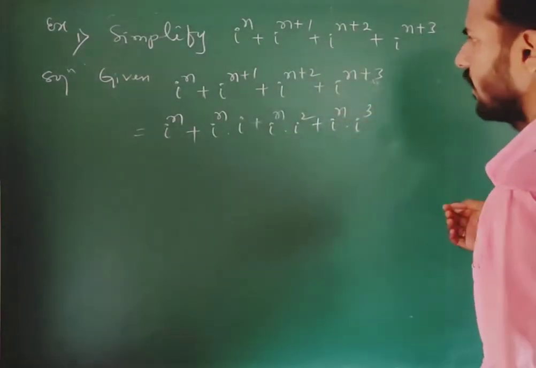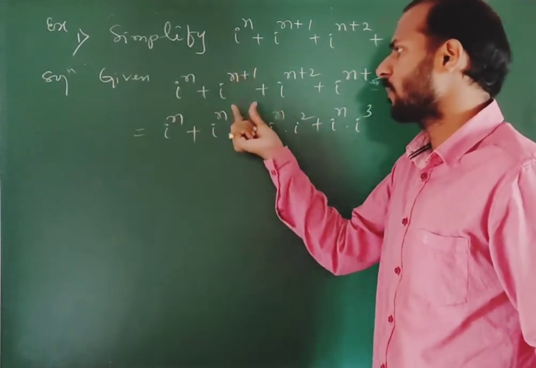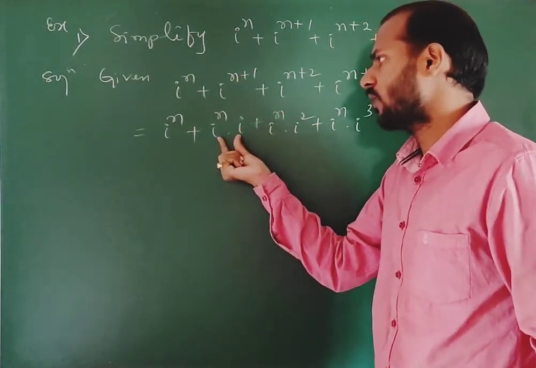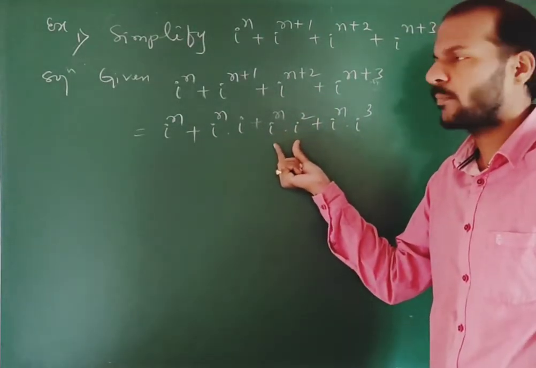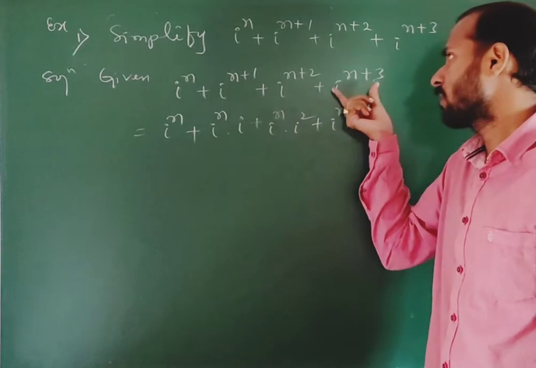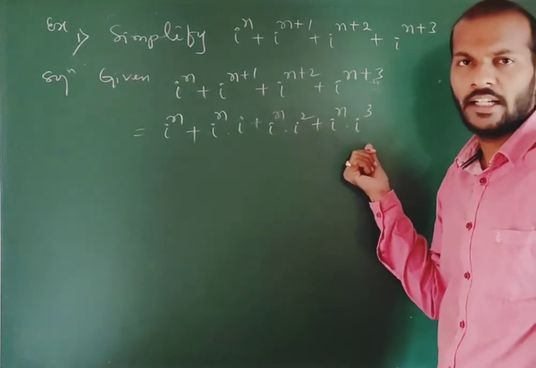Can we write like this? i to the power of n as it is, i to the power of n plus 1 can be written as i to the power of n into i. Again, i to the power of n plus 2 can be written as i to the power of n into i square, plus i to the power of n plus 3 can be written as i to the power of n into i cube, right?